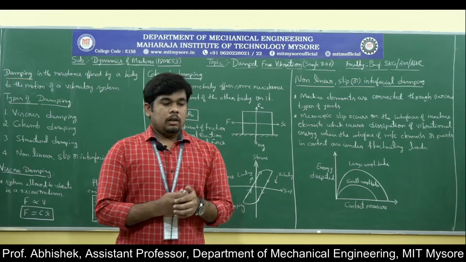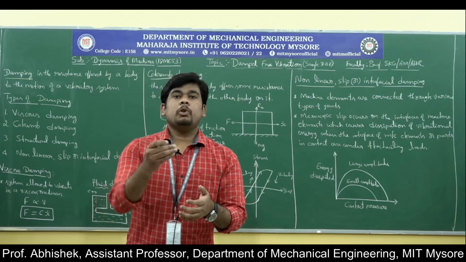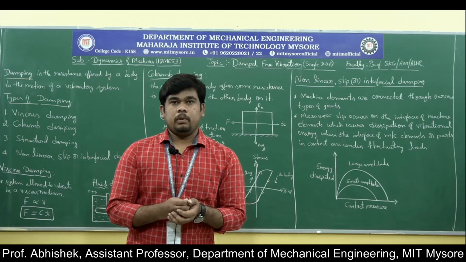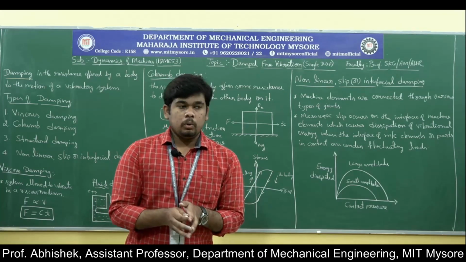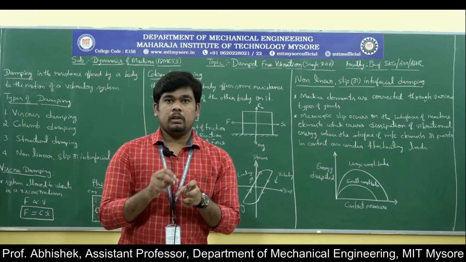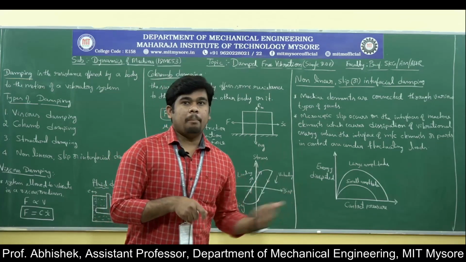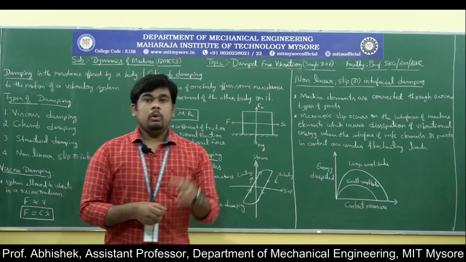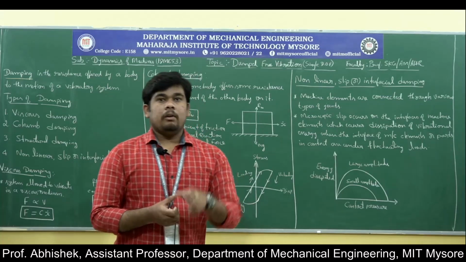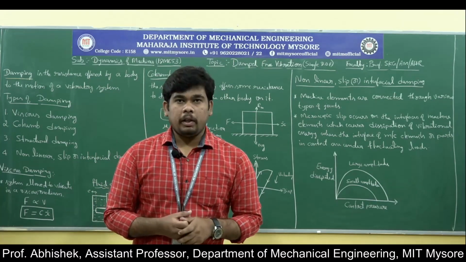Damping means the resistance offered by a body to the motion of a vibrating system. If a system is vibrating, we are going to resist that motion with the help of a system, that is the damping or dampers. So with the help of damping we can control the motion of the vibrating body.